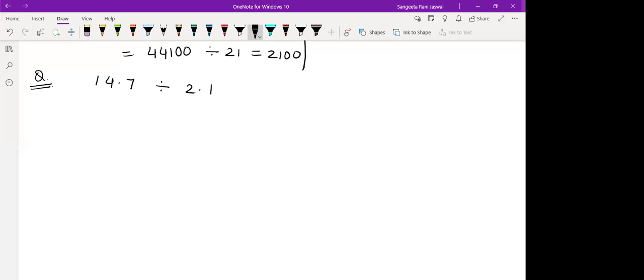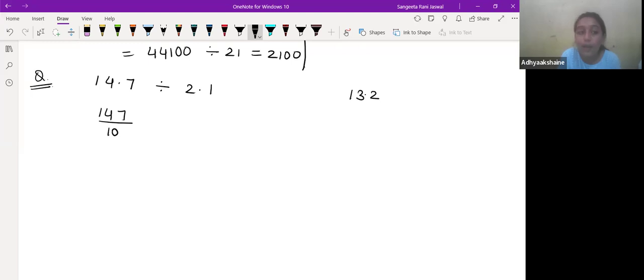So what I did, I changed the first number into a fraction form. This part you understood? How do we write it in a fraction form? If I have some number like this, how do I write it in a fraction form? Ma'am, 132 by 100.